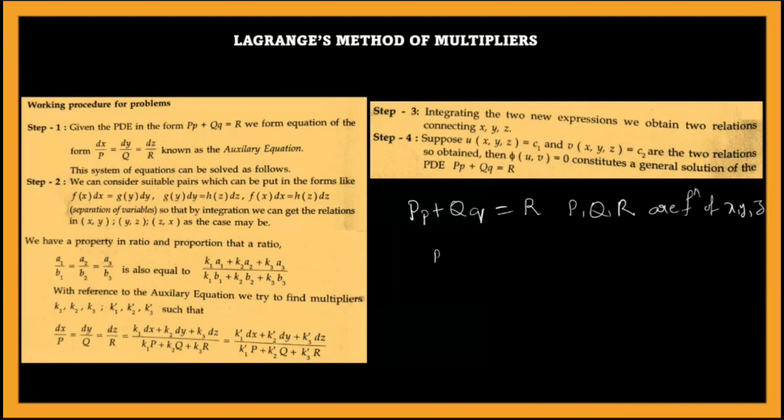And small p and small q are dou z by dou x, dou z by dou y.